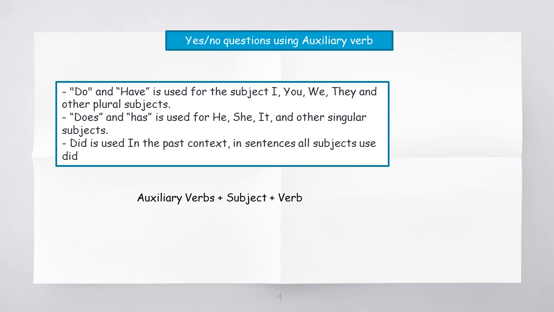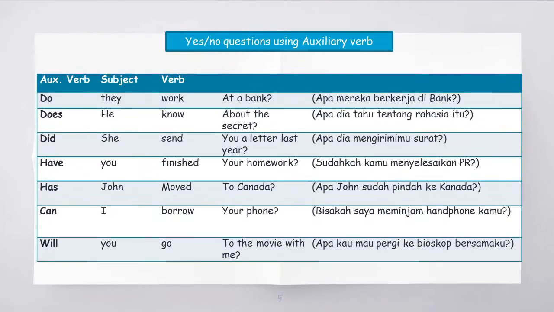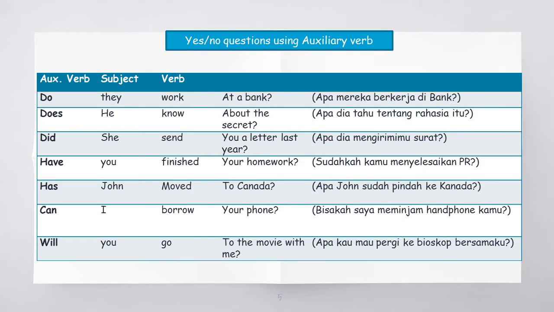And next, I have examples using an auxiliary verb in yes or no questions. This is the example. Do they work at a bank? Does he know about the secret?